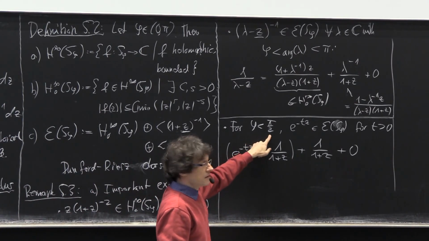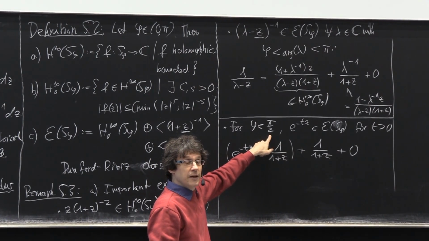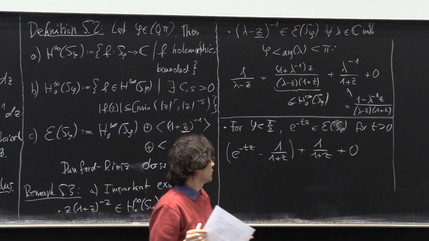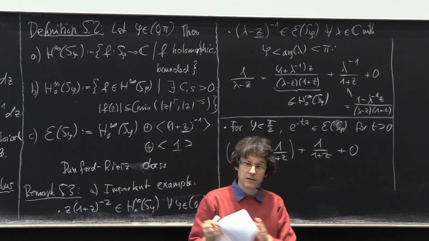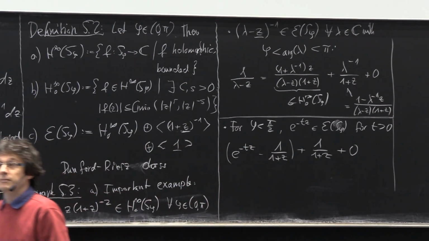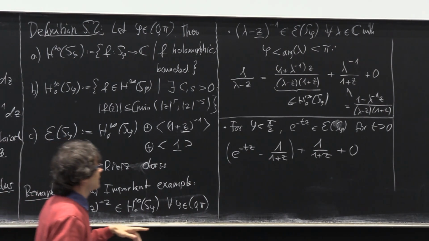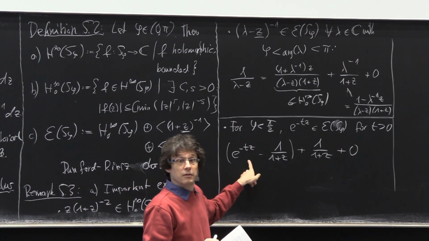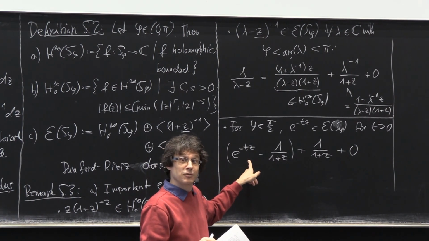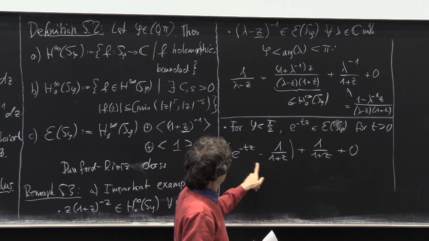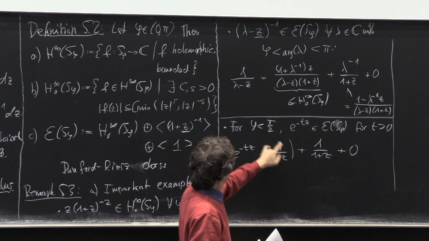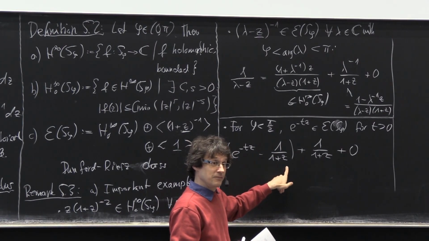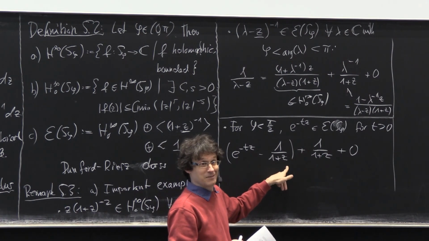The sector is in such a way that for z going to infinity, the real part of z also has to go to infinity, because the sector has an angle less than pi over 2. So for z going to infinity, this goes to 0 in modulus. Really fast because it's an exponential thing. So for z going to infinity, this goes to 0 with an exponential velocity, so at least polynomially.